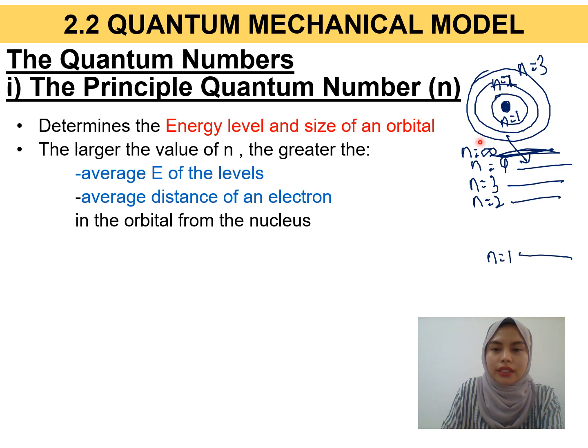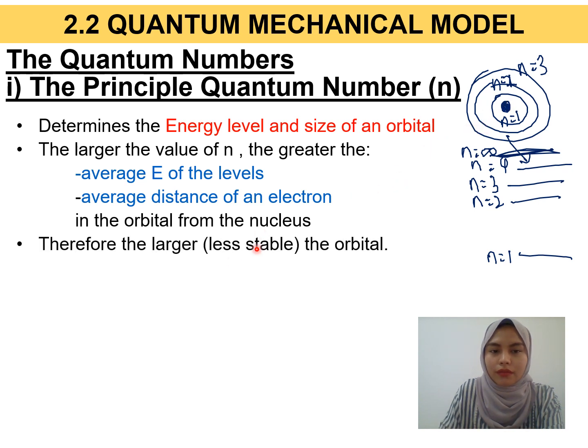Because the larger the orbit, the farther the distance of the electron. If n equals 1, the electron is orbiting at the lowest energy level, so the distance is small. But if it is at a higher energy level, the electron has to travel a larger orbit.